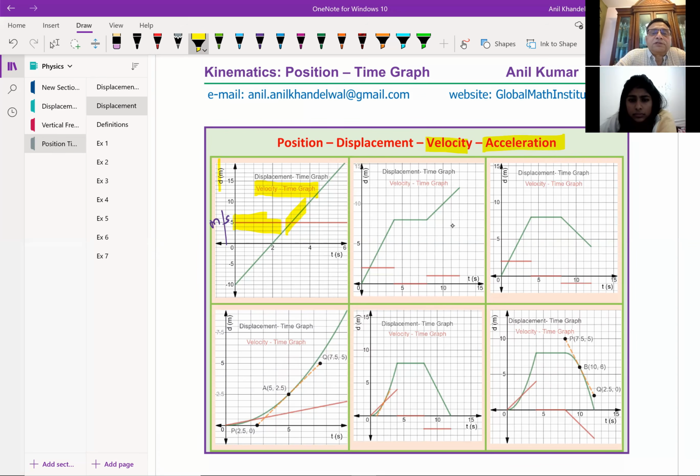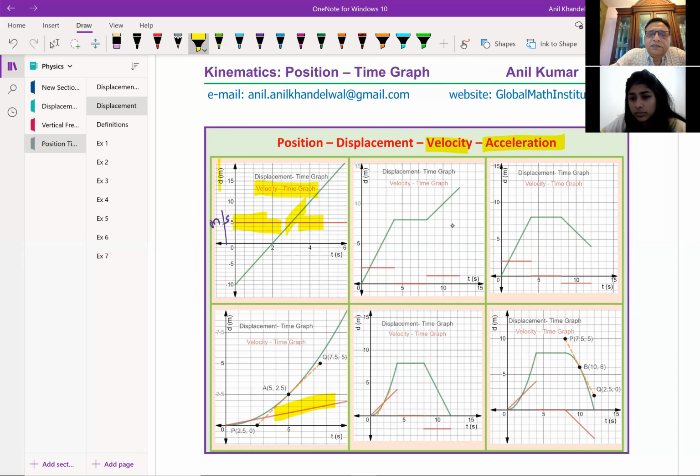If velocity is constant, like shown in this graph, then acceleration will be zero, correct? But if velocity is a straight line, then acceleration will be constant, but will have a value other than zero. So in any case, the acceleration is going to be constant. It could be zero or non-zero. It could be positive, it could be negative. So those are the type of examples which will show you how.